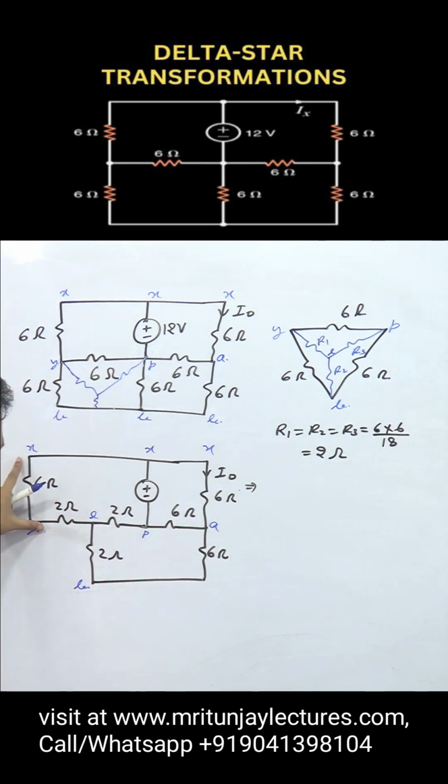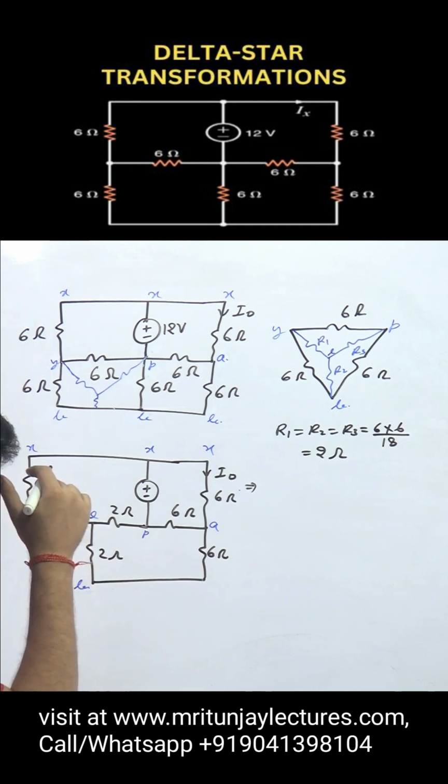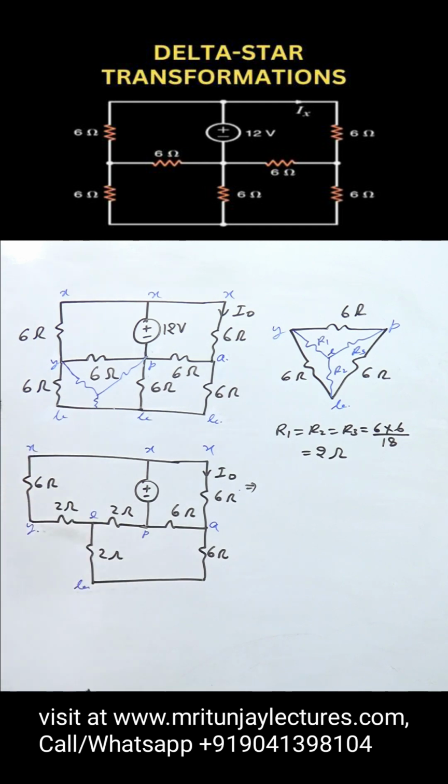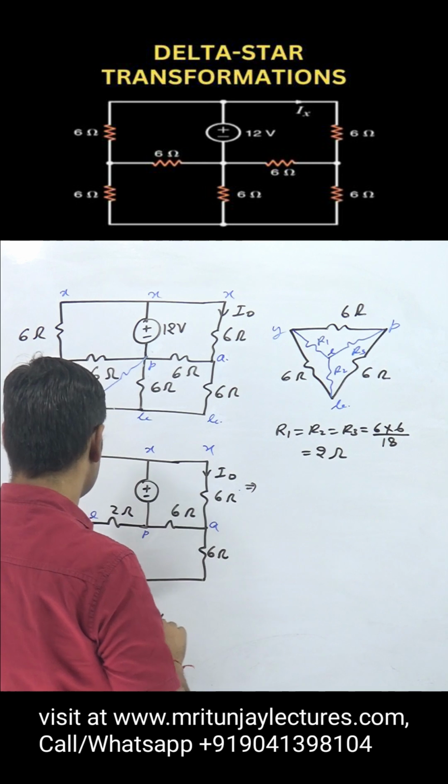These two are series and these two are series. Or again apply, these two are series, that is 8 ohm, that is 8 ohm. So first of all make the circuit.